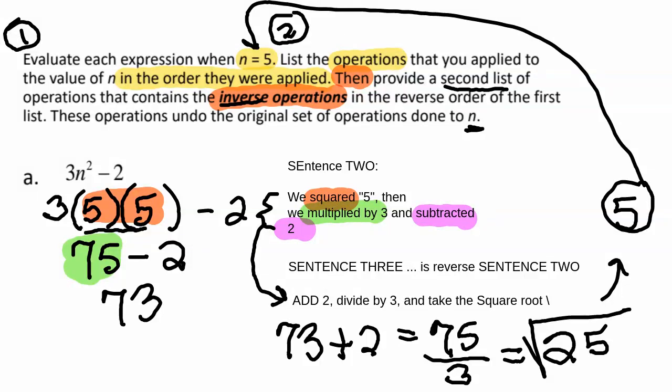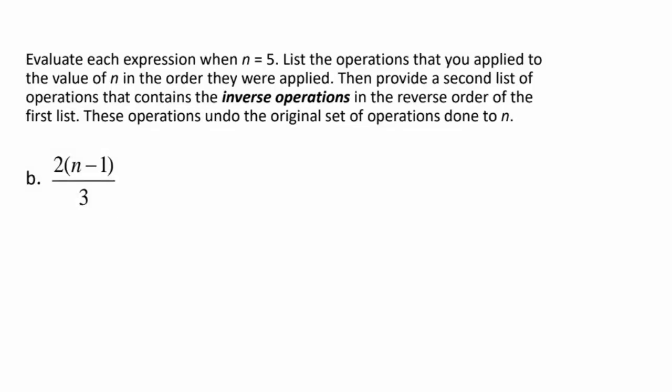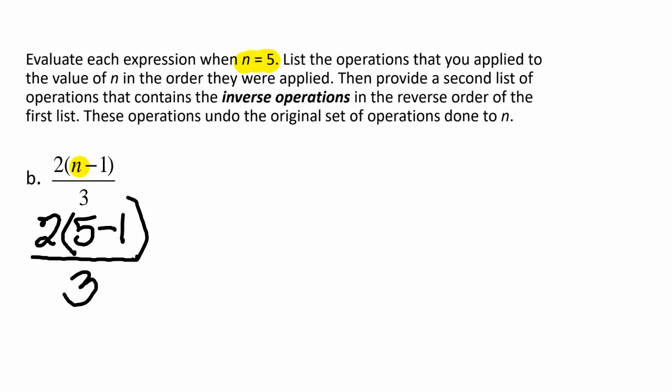Okay. Now, this one gets a little harder. We're still going to use n is equal to 5 right here. Okay. Now, the first sentence says to evaluate. So from sentence number 1, I have 2 parentheses 5 minus 1 divided by 3.